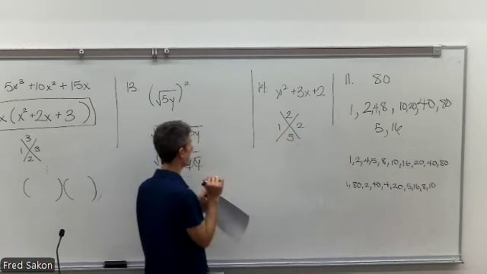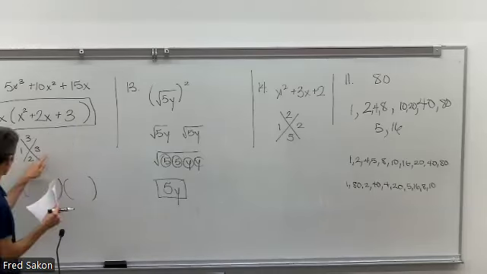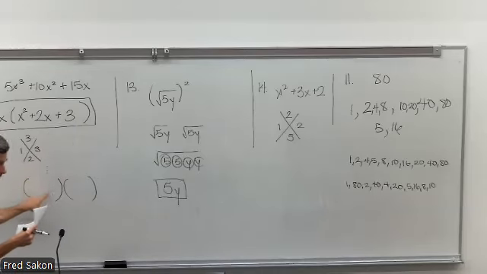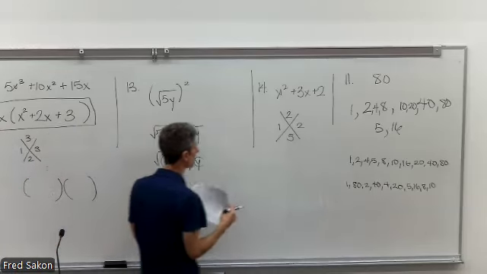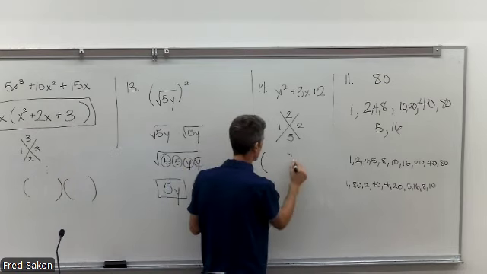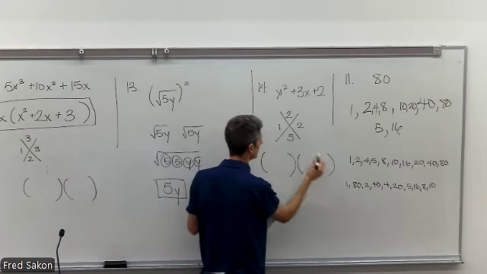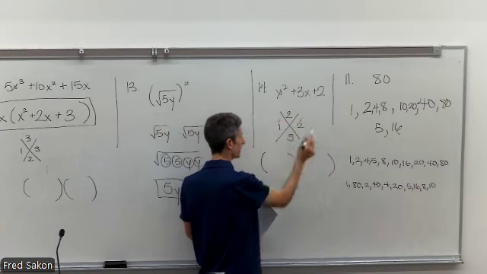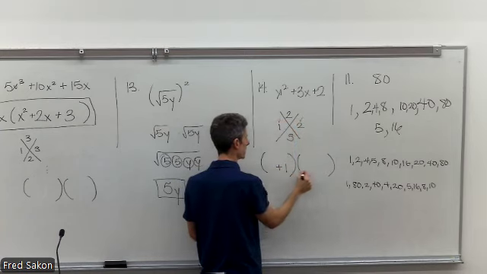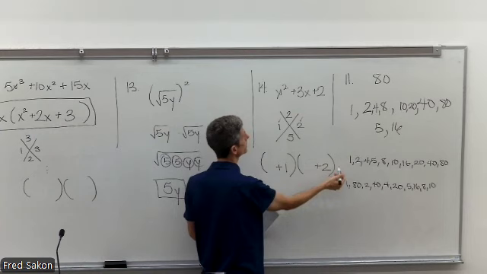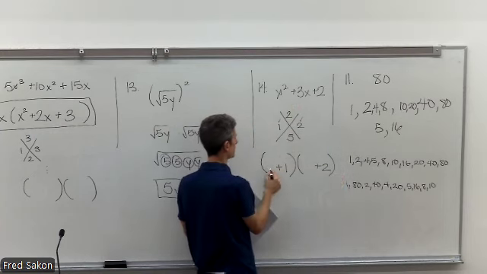So we do have factors in this case. We read off our factors from here. Plus 1, plus 2, and we've got x's. So x plus 1 and x plus 2.